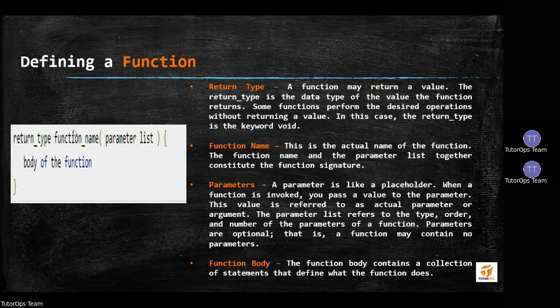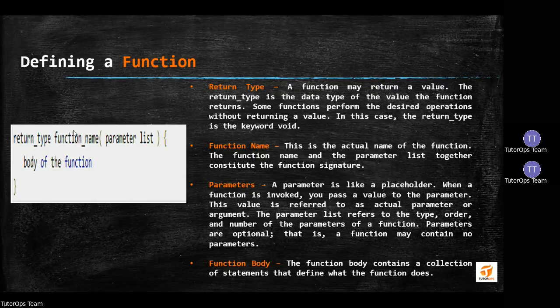Suppose you are calling this function, but the function definition is written below the call, then you have to write this signature on top of the call. I will explain this when I am doing the coding.